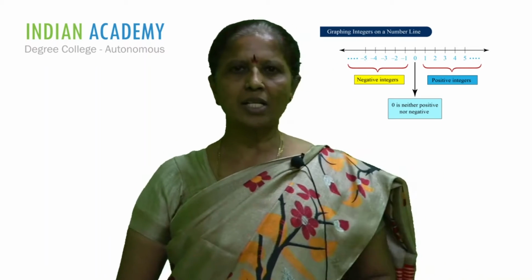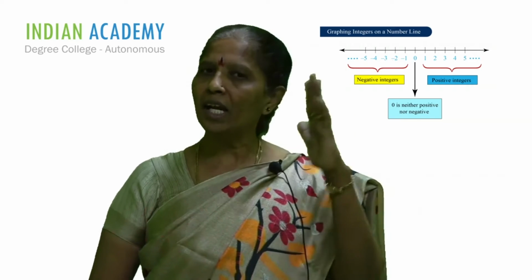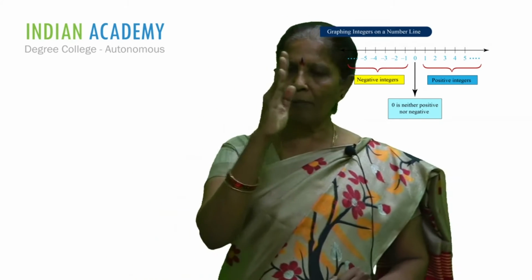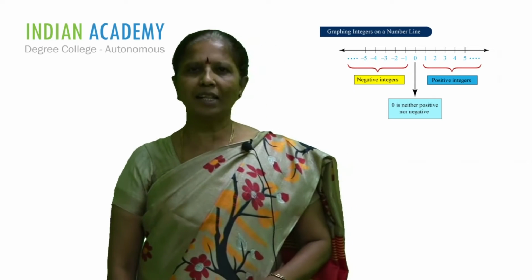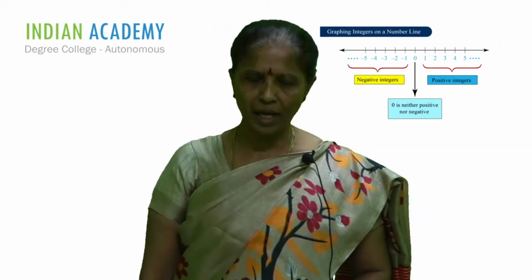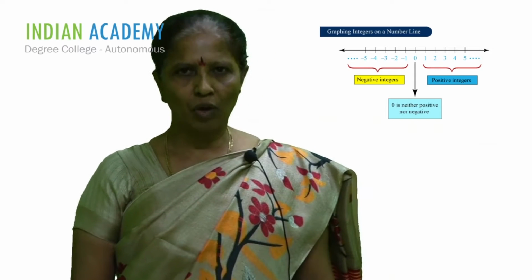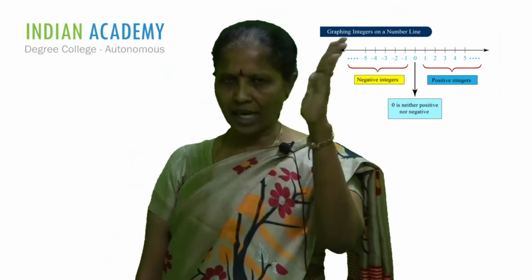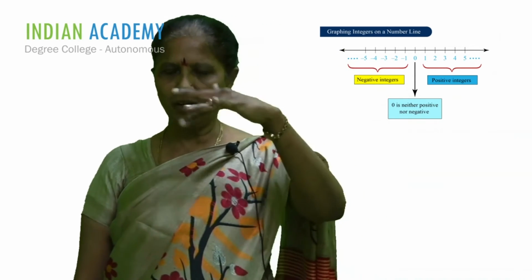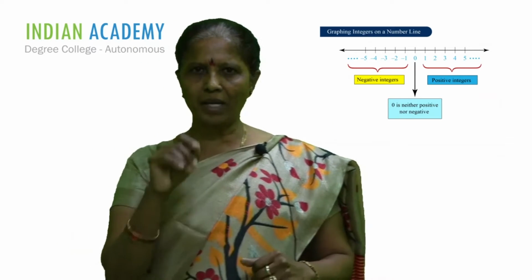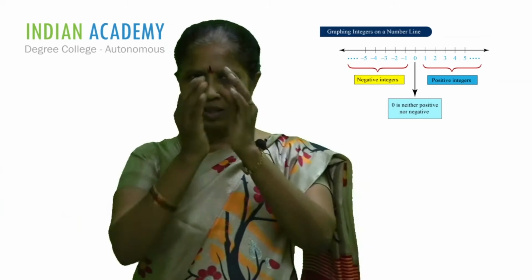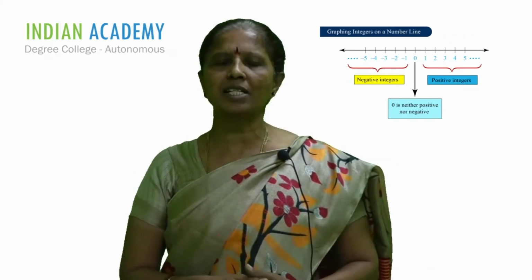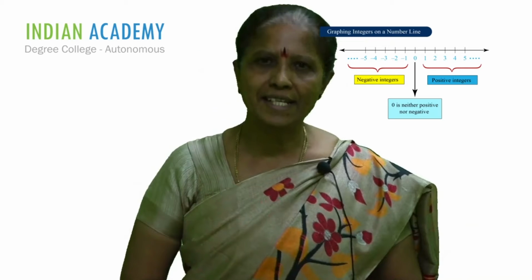Negative numbers are said to be negative integers and the positive numbers are said to be positive integers, and this set is represented by Z is equal to {..., minus 3, minus 2, minus 1, 0, 1, 2, 3, ...}. So this entire set is called the set of integers.